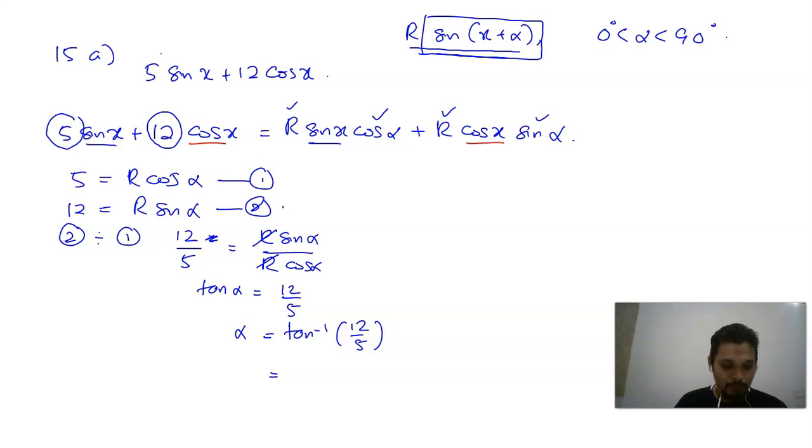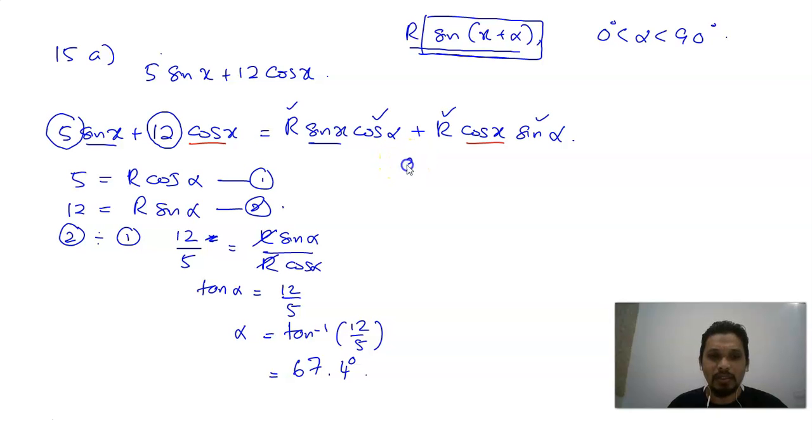Arctangent of 12 divided by 5 equals 67.38 to 2 decimal places. Okay, and then we're going to find out the value of r.